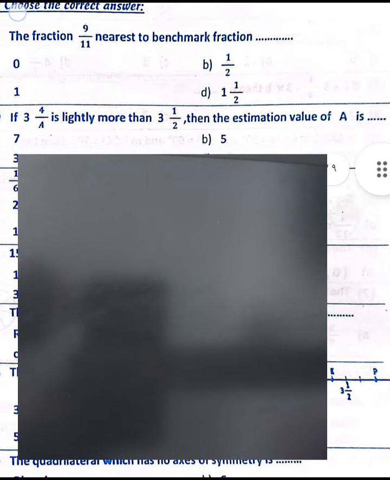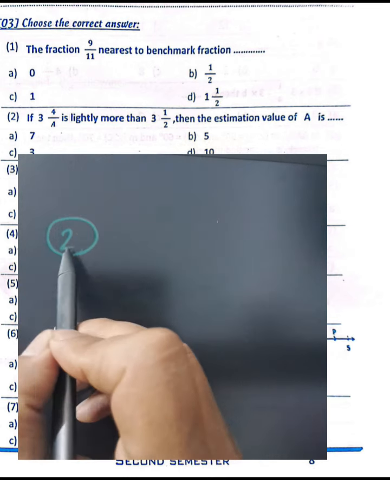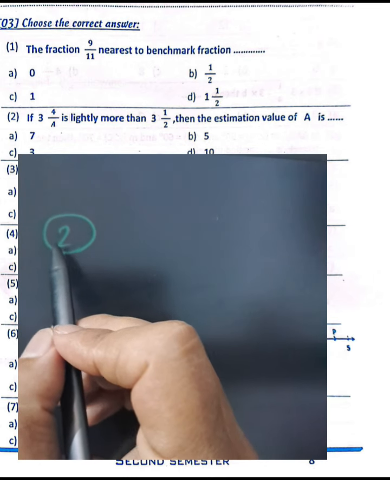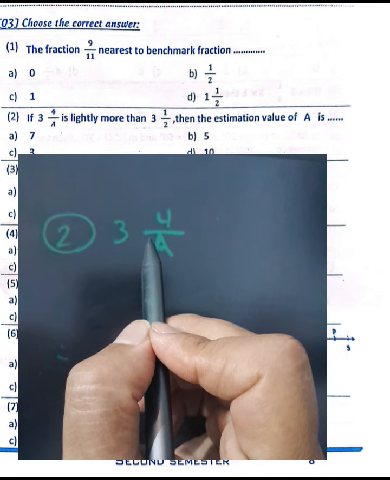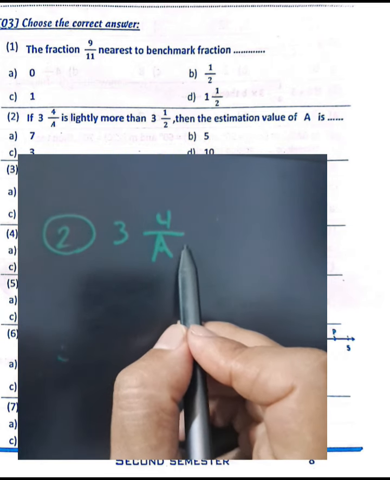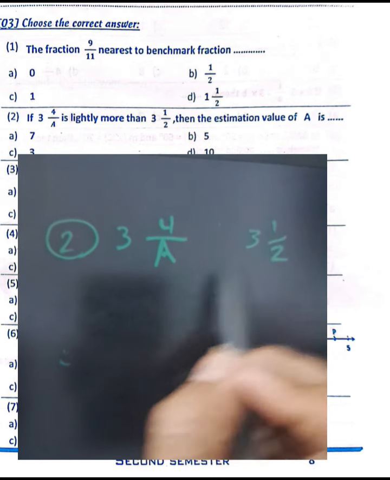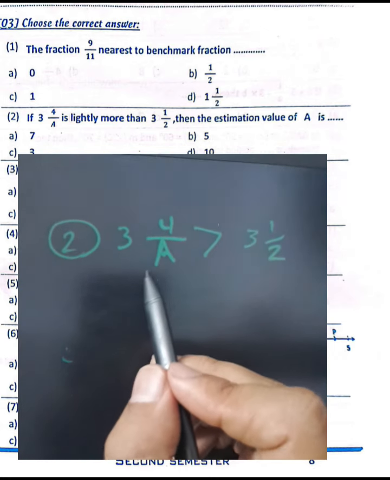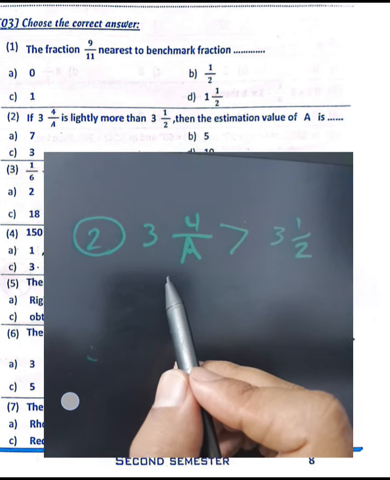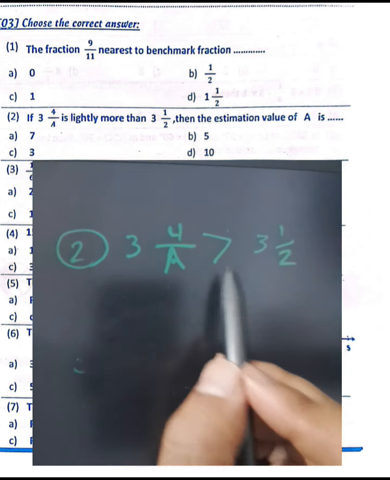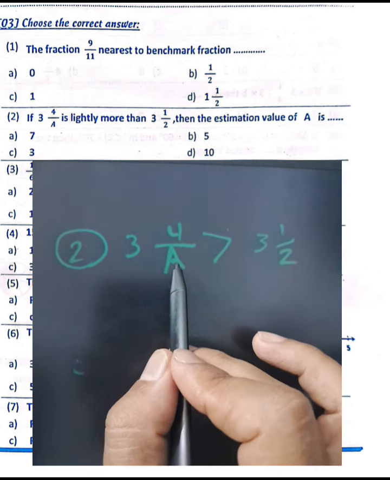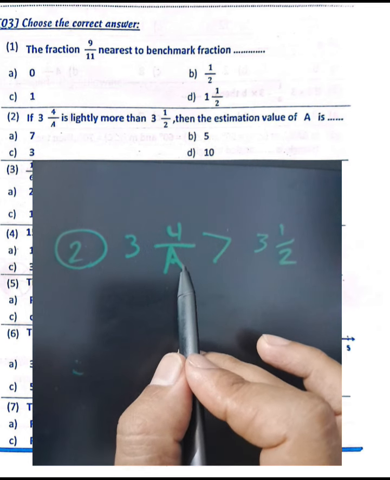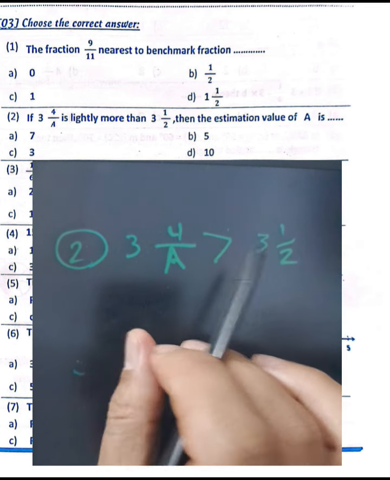Then the result will be 1. Write 1. Question number 2. If 3 and 4 over A is slightly more than 3 and a half, then what is the estimation of A? We can write the least common multiple between the two numbers. If you write any number here, such as 7, it means slightly more than half.